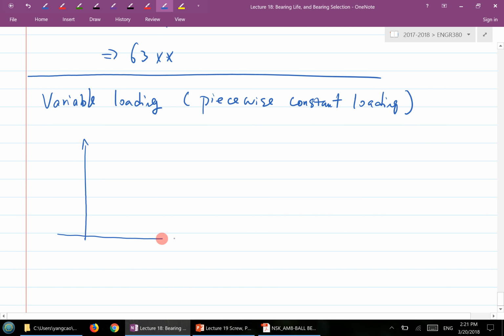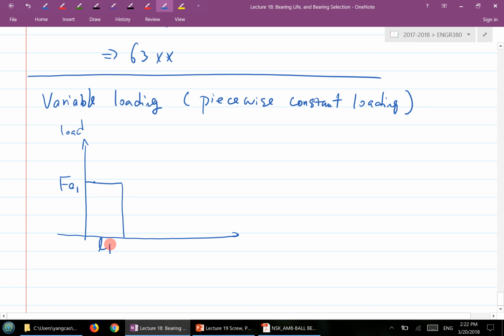So here is one very common scenario. Let's say this side is the load. You subject the bearing initially to a load Fe1 for a duration of L1 number of cycles.